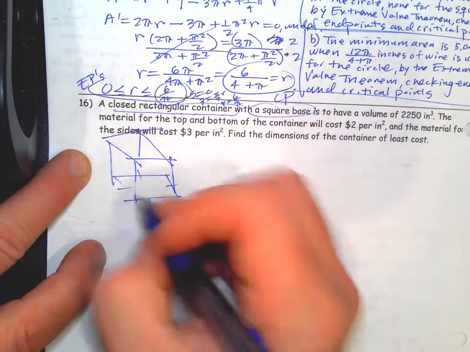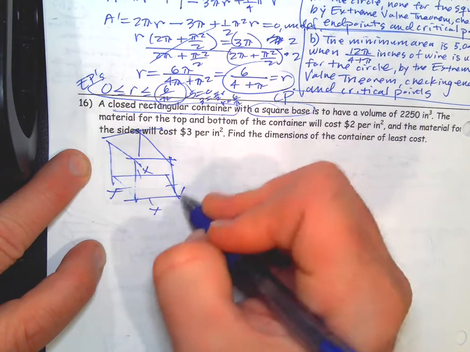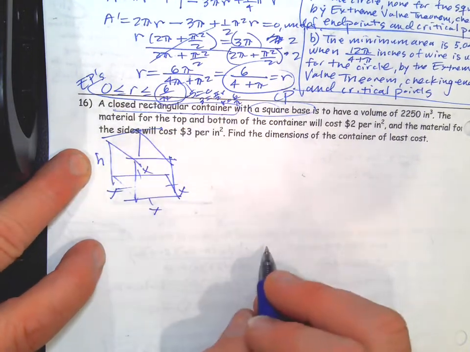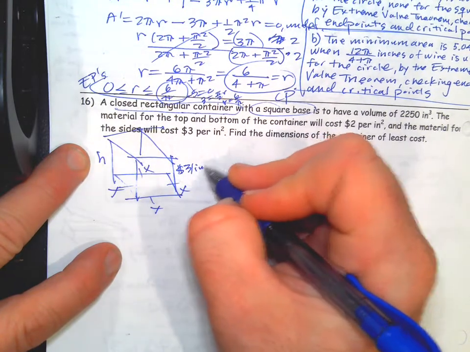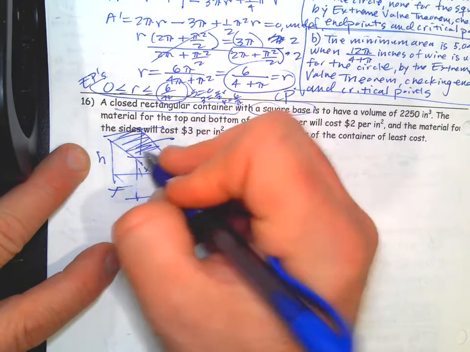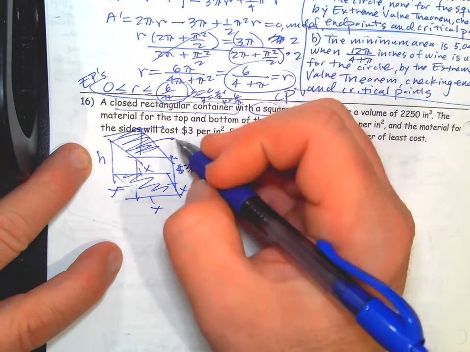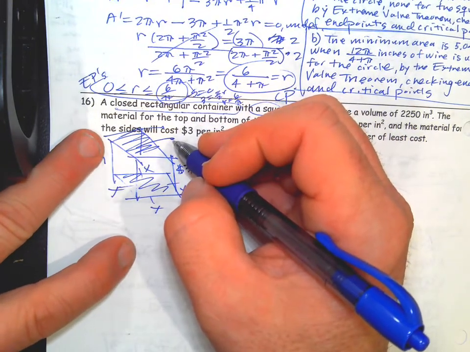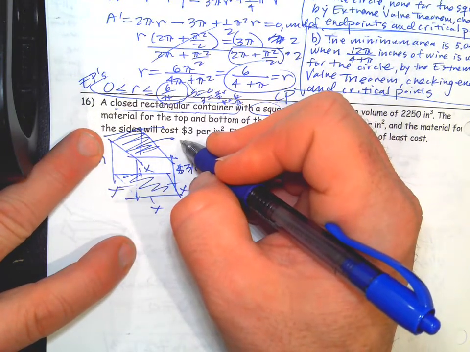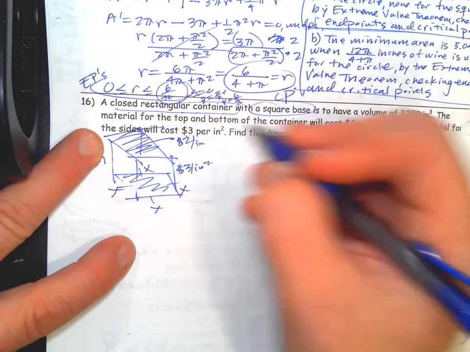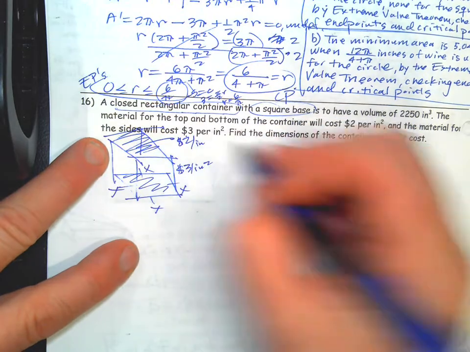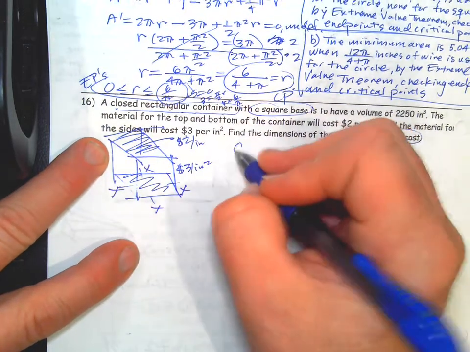Right? So I'm going to call the sides X and then the height H. Now, on the side, they cost $3 per square inch, and the top and the bottom is cheaper, I guess. It's $2 per square inch. Okay. The cost function, we're trying to get least cost, so we need a cost function.